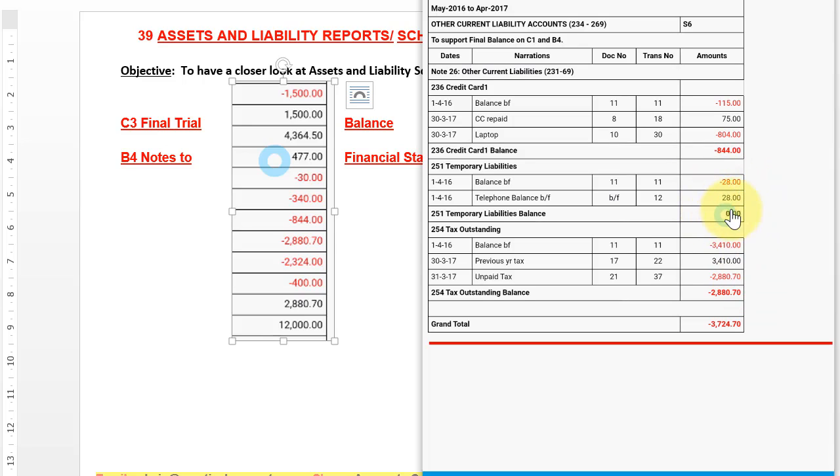And then this was, of course, temporary liabilities when we were recording opening and closing creditors. Opening creditor balances. And this is the credit card account. This is the source of the 844. Okay, this is where it's emanating from. Now let's go back.